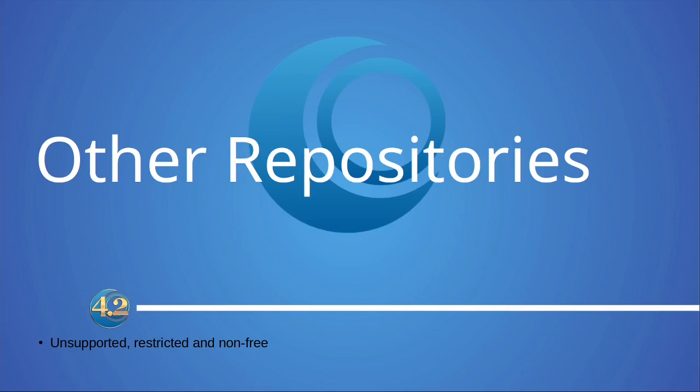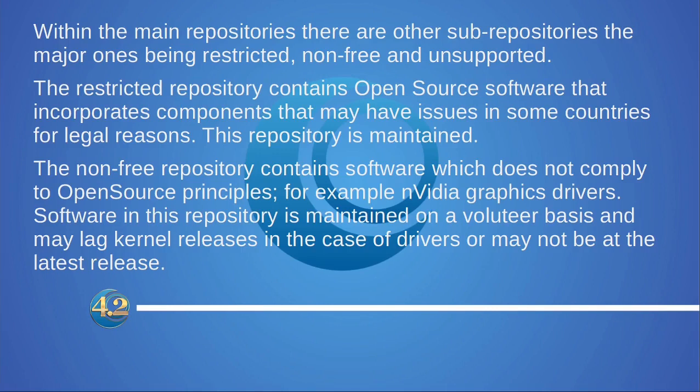Our other repositories: unsupported, restricted, and non-free. Within the main repositories there are other sub-repositories, the major ones being restricted, non-free, and unsupported. The restricted repository contains open source software that incorporates components that may have issues in some countries for legal reasons.